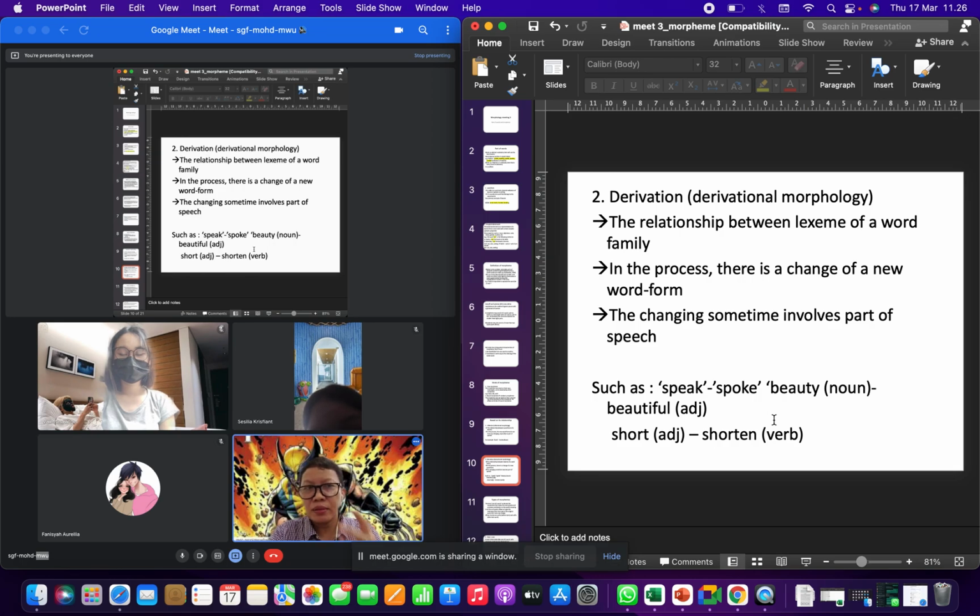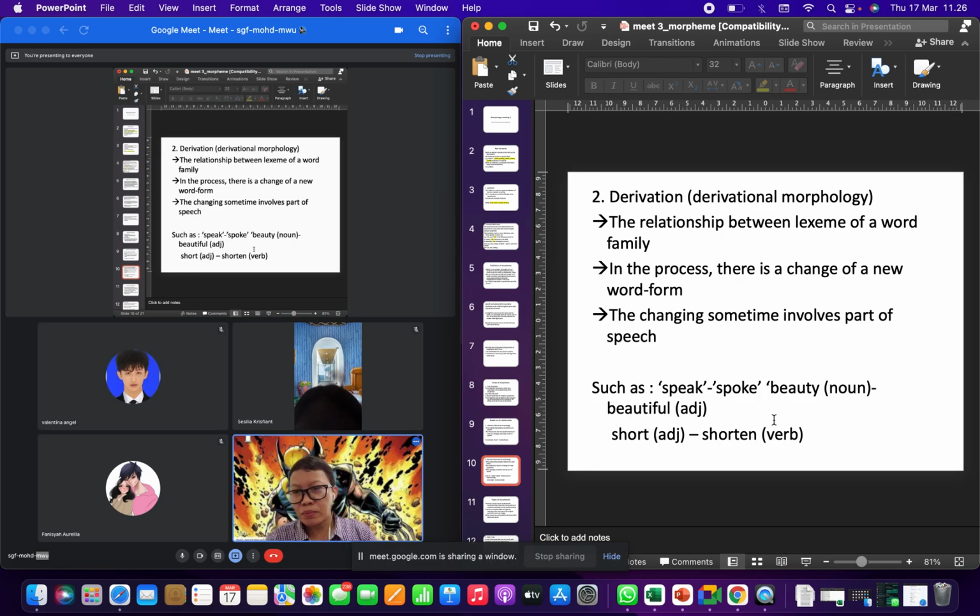So there is a derivational morphology process occurring here. We have to remember, in derivation, we talk about deriving from one meaning to another, or from one part of speech to another, while in inflectional, there is no change.